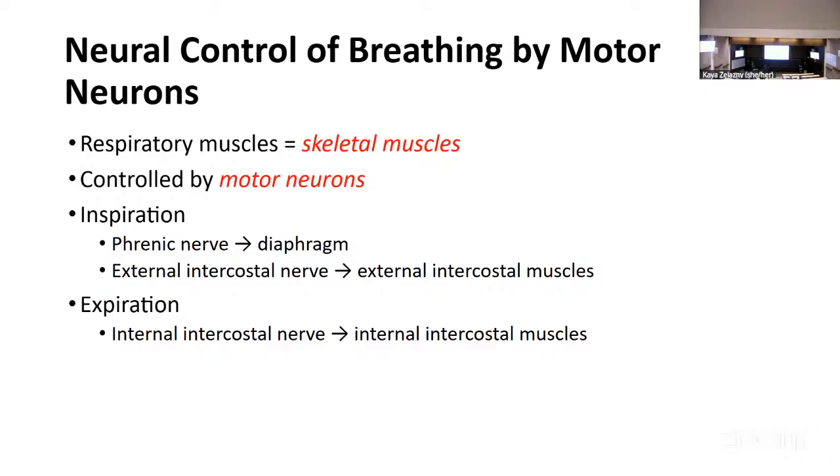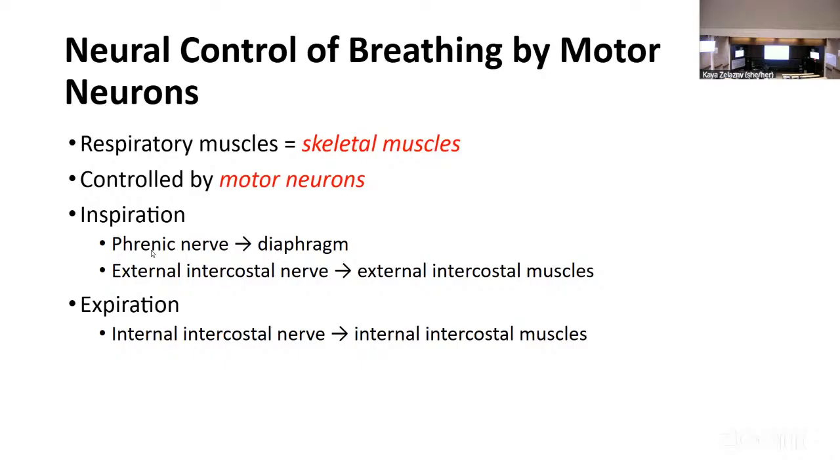So since this is skeletal muscle, we know that this is the somatic branch of our nervous system, not our autonomic branch, and we know it's under voluntary control, and we're referring to these as motor neurons. And these nerves do have names, and you've certainly seen at least this first one, the phrenic nerve.